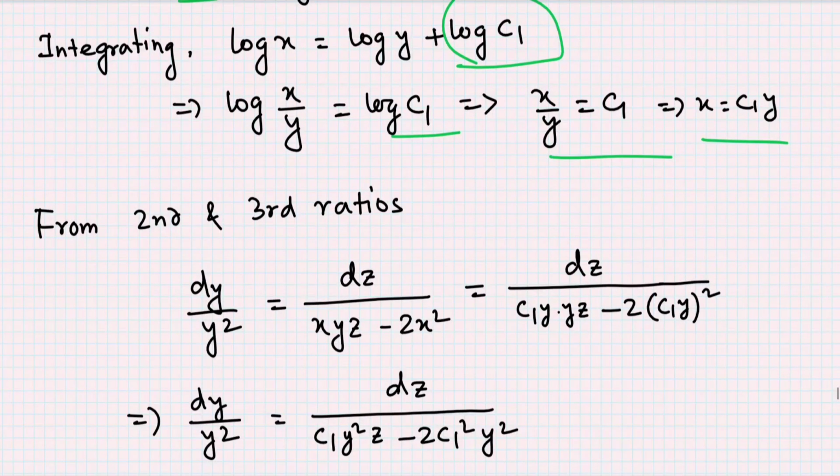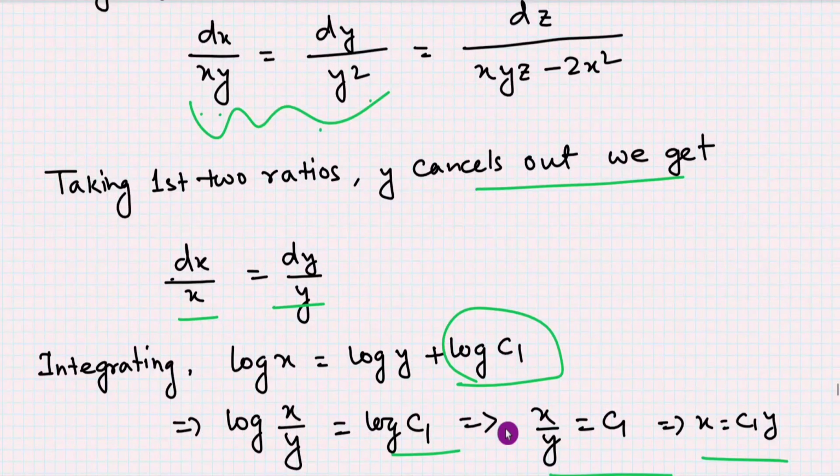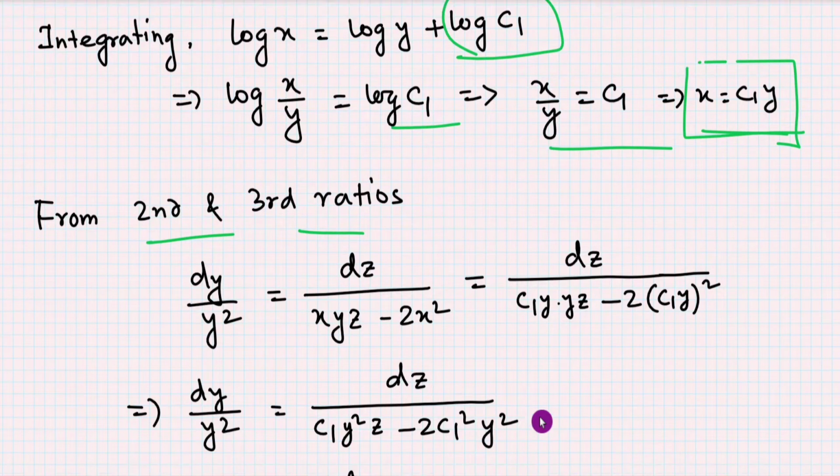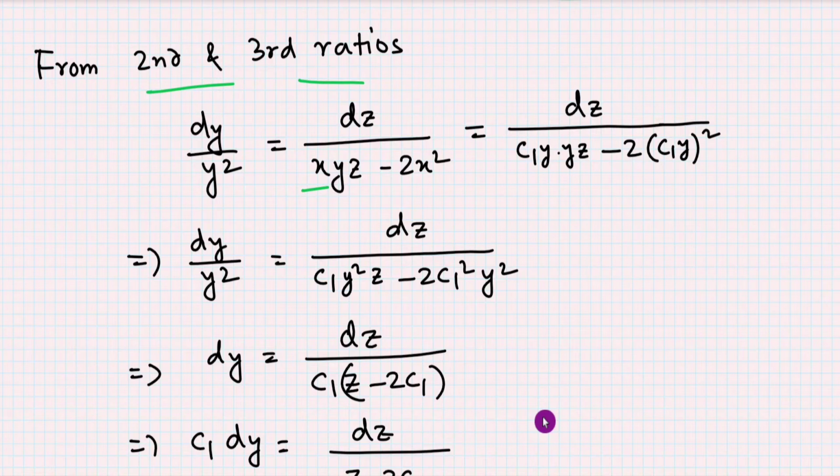But now if we take the second and third ratio, that means dy by y square equal to dz by this, then this is not easily solvable. Then we put x as c1 y, that is we use the first integral to find the second integral. If we put this in place of x, then we get c1 y into yz minus 2 c1 y square.